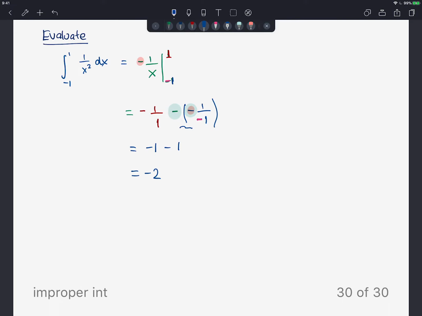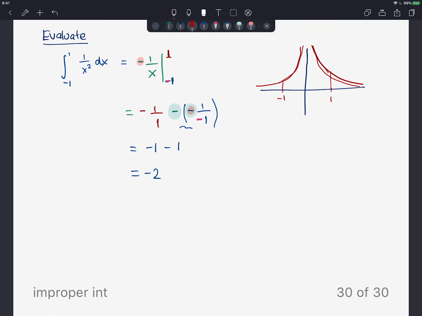But this actually makes no sense, because if you think about the graph of 1 over x squared, and what it is that we're finding, 1 over x squared looks like this. Sorry, it should be symmetric around the y-axis. And whatever it is we're finding between negative 1 and 1, we're trying to estimate this area.